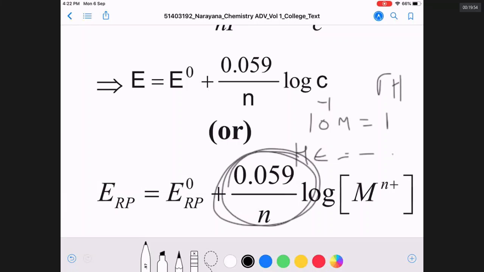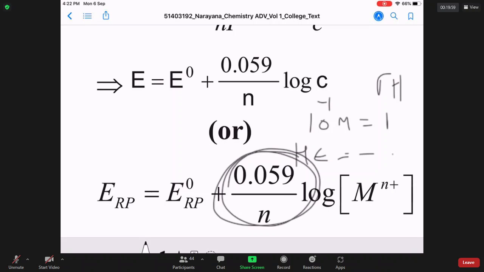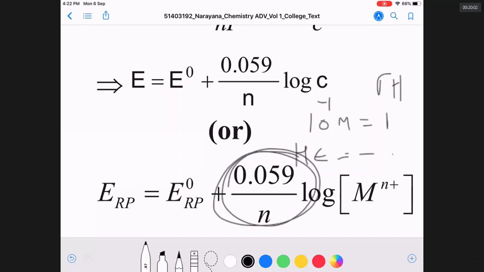If the electrode is an electron loser, the change in electrode potential is given by the Nernst equation as E is equal to E0 plus 0.059 by n into log C. For a gainer of electron, if A is gaining electron, then the Nernst equation becomes E is equal to E0 minus 0.059 by n into log A. Because A is gaining electron, getting minus charge, you have to remember that for electron gainers in the Nernst equation, E is equal to E0 minus 0.059 by n into log of A minus concentration.